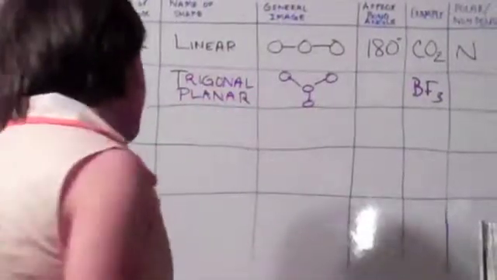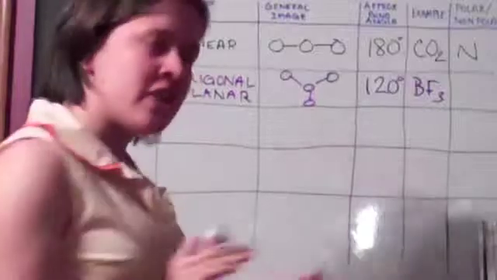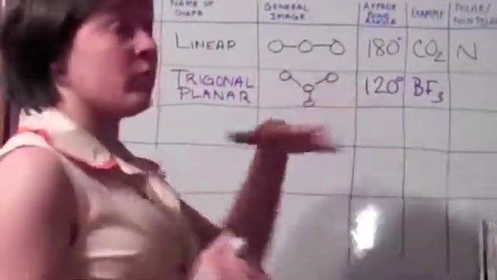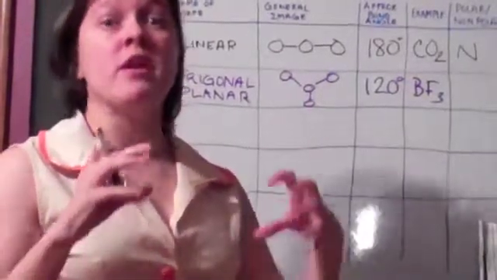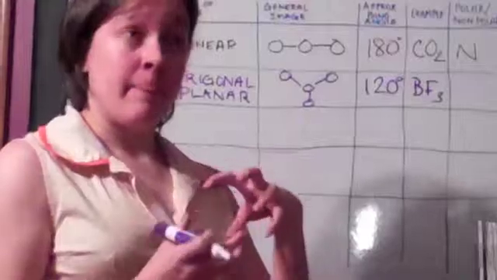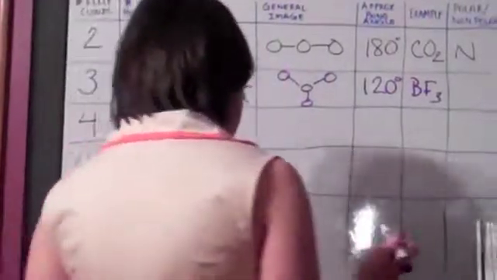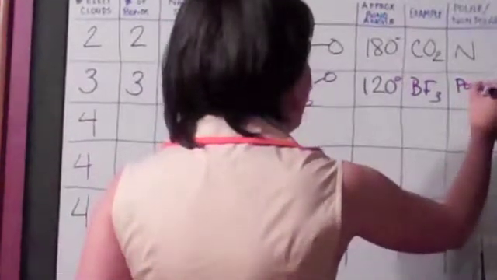The approximate bond angle for this is 120 degrees. And that's going to change potentially based off of whether one is a double bond or not. And that's because those double bonds are shorter and stronger than our single bonds. These will be, depends on either polar or non-polar.